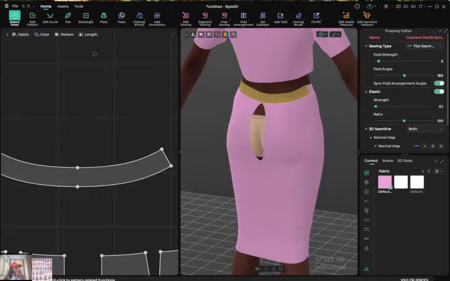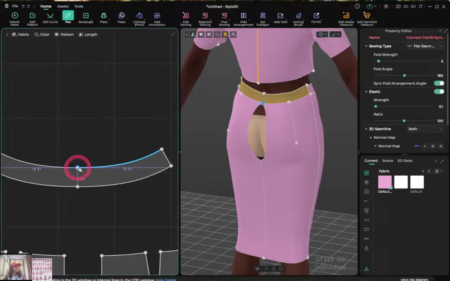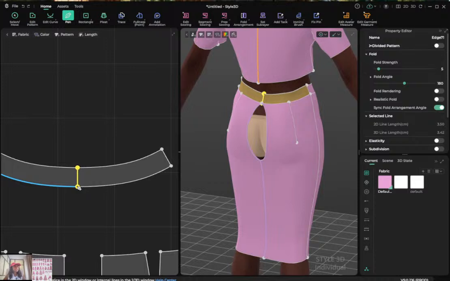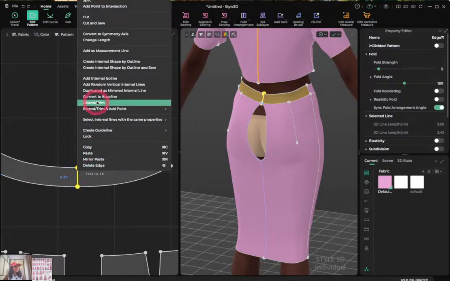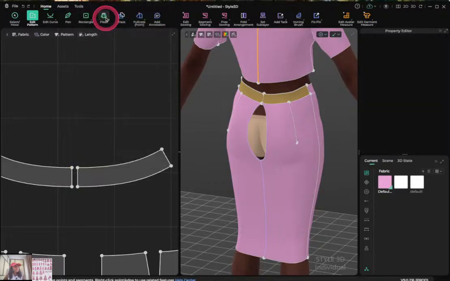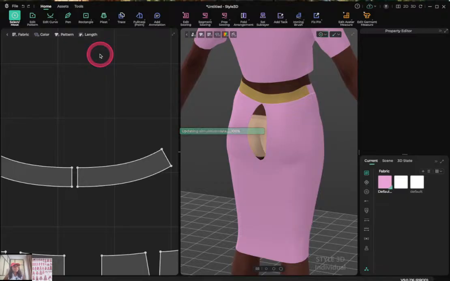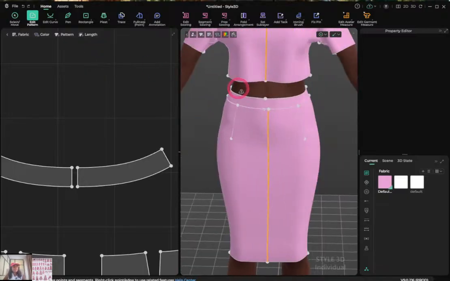Now I get it. Okay, we're going to separate this part as well, and we're going to just say cut, and let it be like that.